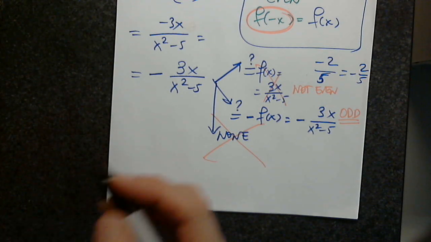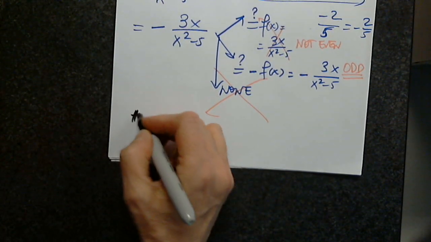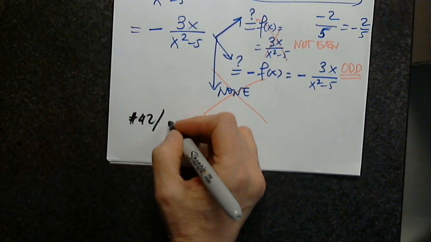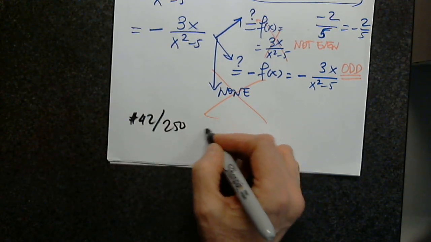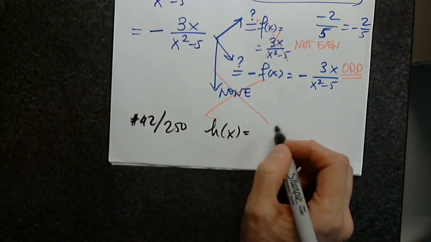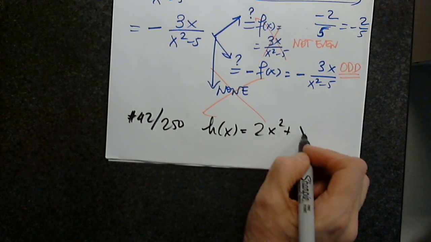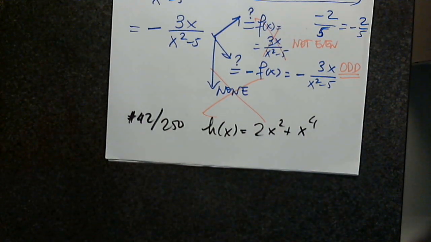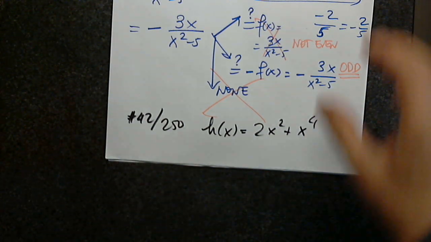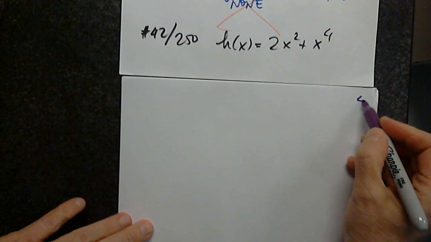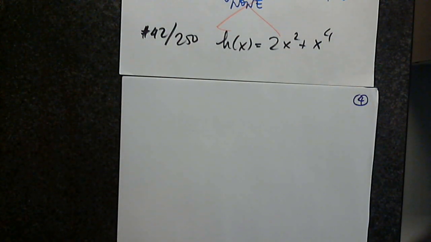Let's say 42 from your book, 250. And we have h of x equals 2x squared plus x to the 4th. We're asked the same question without graphing. Is this odd, even, or none of the above?